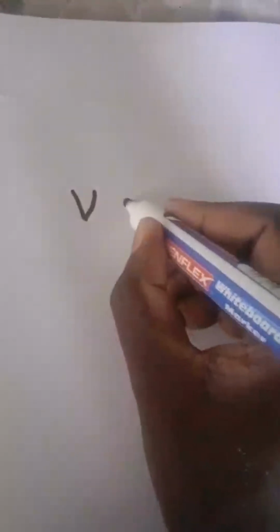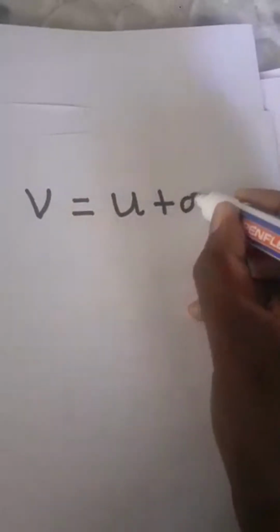Okay, another question, guys. It's V is equal to U plus A squared.